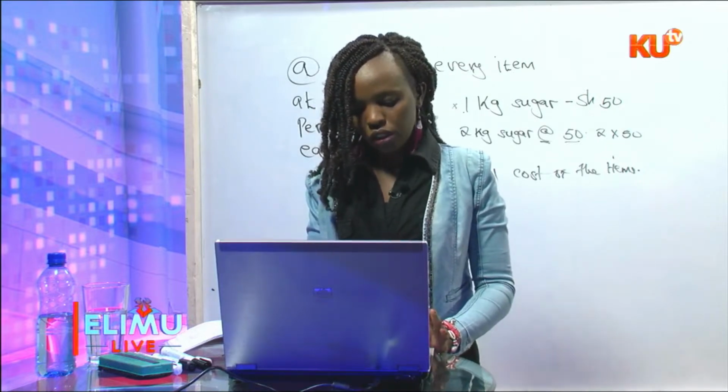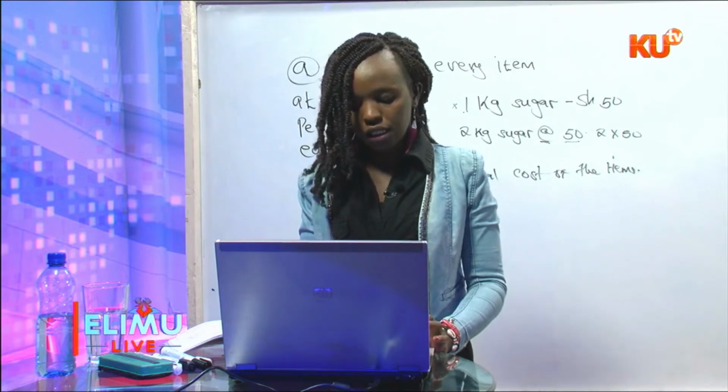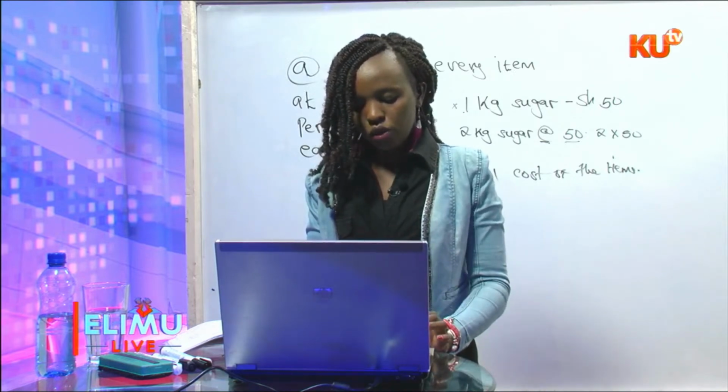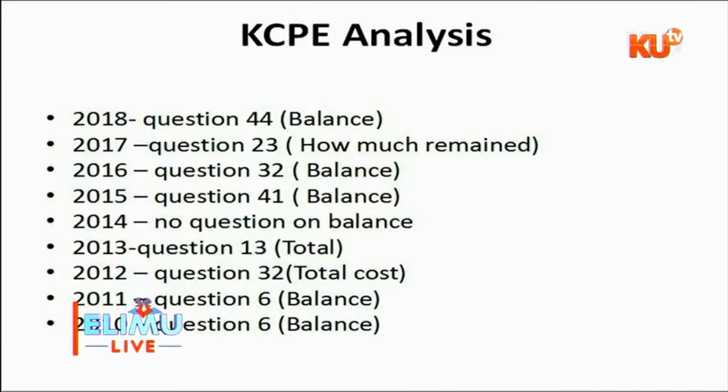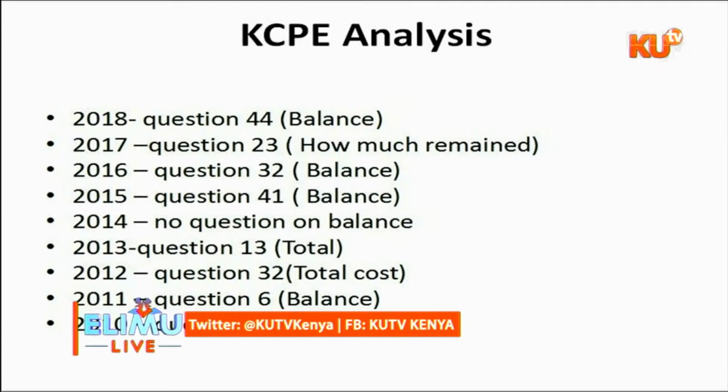So one question is set on preparing bills and getting the balance, and another question involves getting change. So today we are going to concentrate on the questions that want us to get balance. That's what we are going to concentrate on today. So if you look at the KCPE analysis for the last 8 years, from 2010 to 2018, you can see last year, that is 2019, they didn't bring a question on balance.